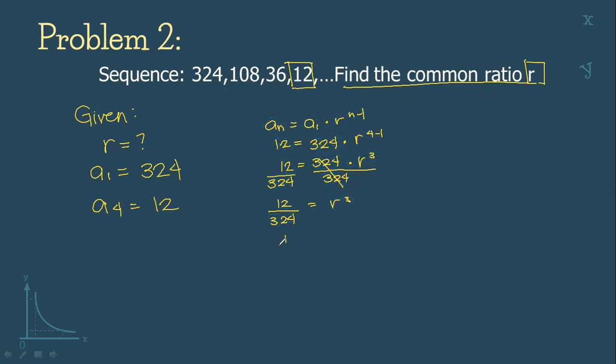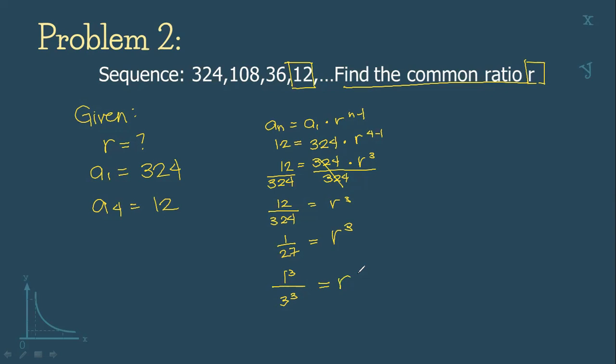So we have here 1 over 27 is equal to r raised to 3. So, ibig sabihin po, hanapin natin yung number kung saan si 1 magiging po siyang raised to 3 and si 27 number raised to 3. So actually, 1 is equal to 1 raised to 3, and 27 is equal to 3 raised to 3, right? Because 3 times 3, that is 9, times 3, that is 27.